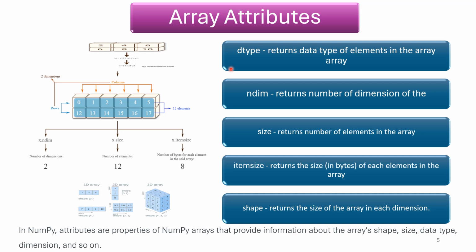First is data type. Assuming this is our array, if we use dtype, we'll get the type. As well as ndim, the number of dimensions of the array, and size and item size can be displayed once they are provided.